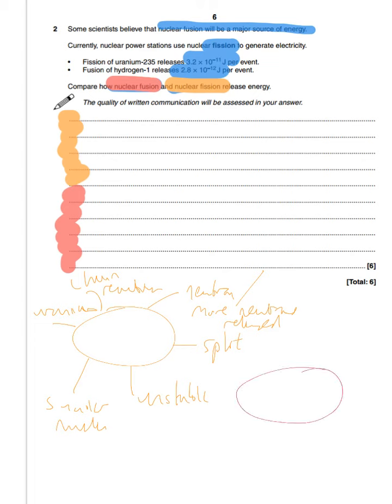Okay, so then we'd think about fusion, and we'd have to talk about hydrogen nuclei. We'd talk about them combining. Talk about how it requires very high heat, so it's high temperature.